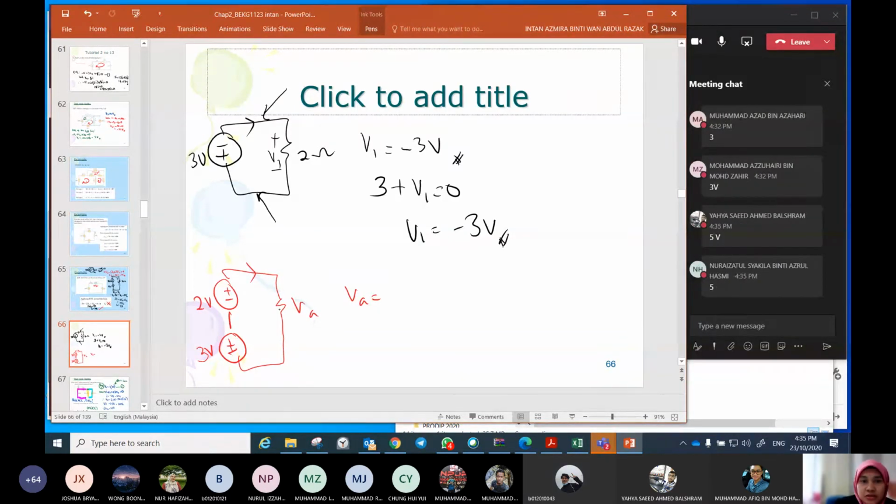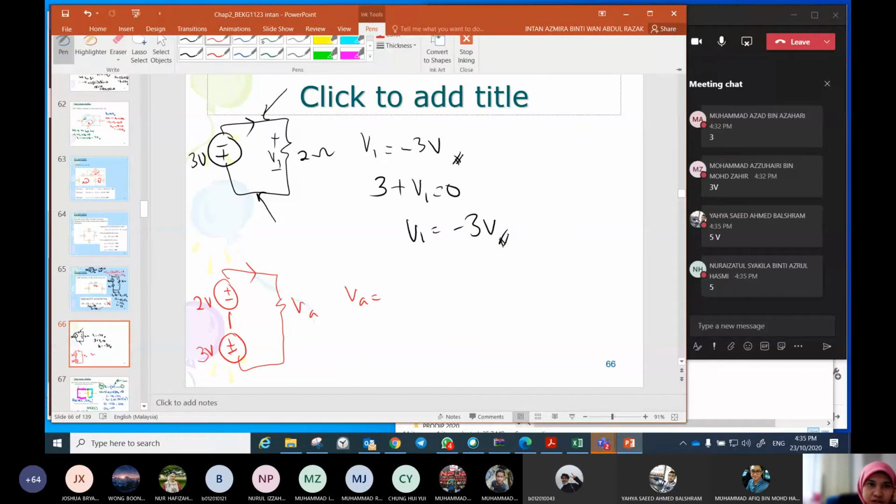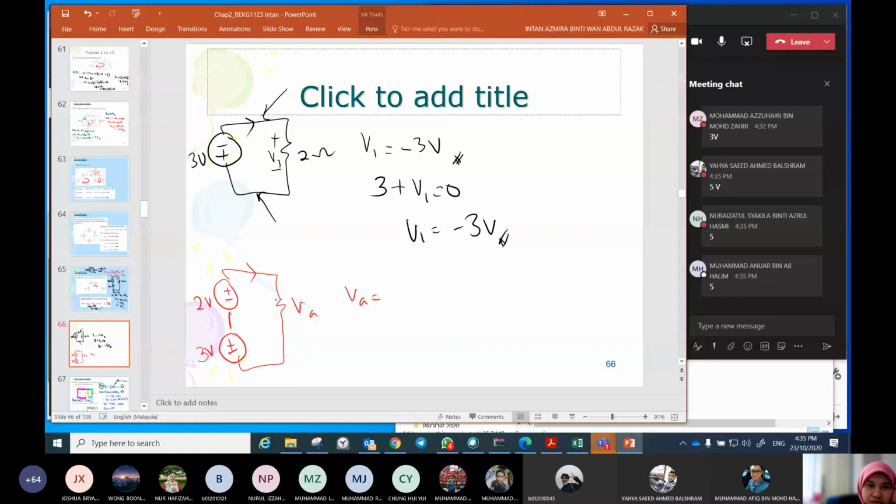Just 5. Why? Because when current flows like this, the voltage drop across VA must be positive first and then negative. We see that this positive is the same as this positive, the arrangement is the same.